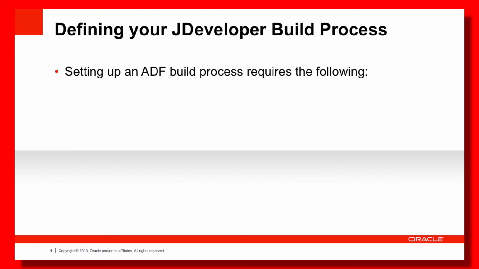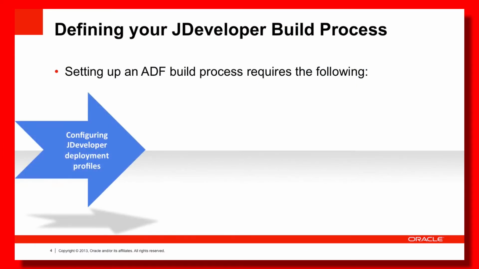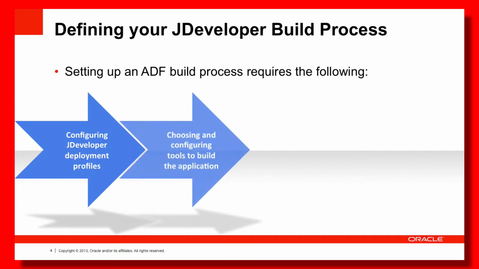So specifically considering the build process of an ADF application, what do we need to think about? What processes or steps are there, and what choices do we have along the way for, say, tools and different ways of doing things? Well, essentially there are 5 things you need to consider. The first is JDeveloper deployment profiles. Second, the actual tool to build your application.